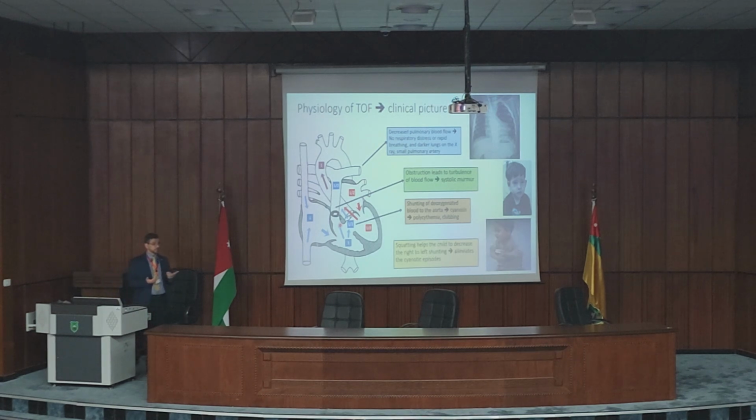So why does the patient squat? When this child tries to play and consume more oxygen, what happens to his physiology that we discussed? Let's say this child, in this scenario, has a saturation of 80% because this one is 100% and this one is 60%. You have equal amounts. So you mix red and blue, you get purple right in the middle, which is 80%.